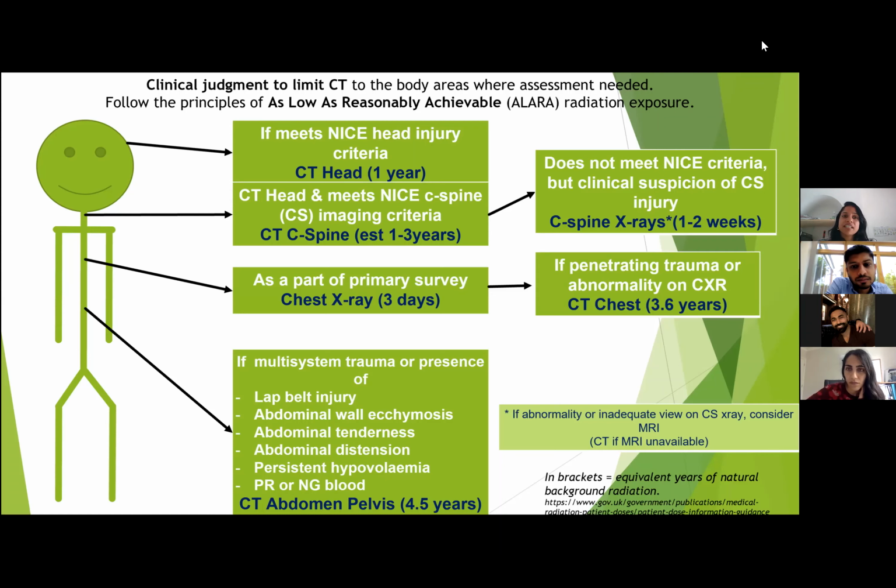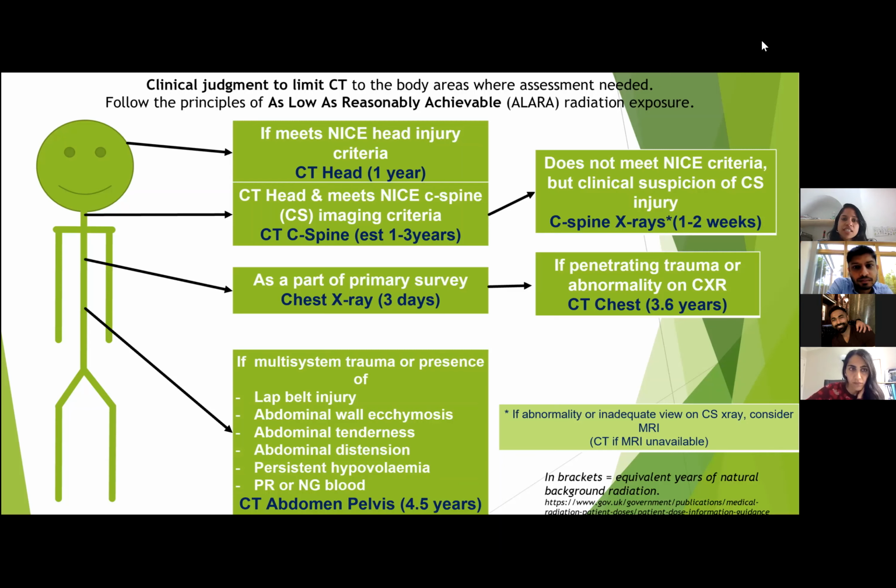So head and neck, as you can see, they signpost you to the NICE head injury and C-spine imaging criteria. And as Kuldeep mentioned, if it doesn't meet NICE criteria, but you have a clinical suspicion of C-spine injury, you would do 3 C-spine X-rays rather than CT. And they even say that if that's inadequate, consider MRI and then CT if MRI is unavailable.